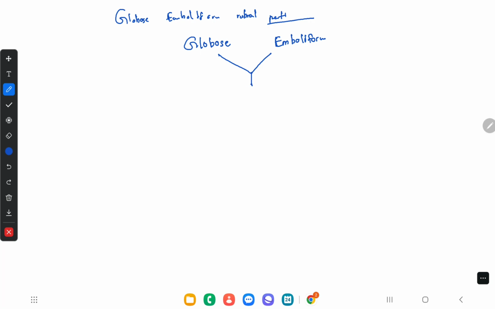Then they go through the superior cerebellar peduncle, then cross the midline to the opposite side in the decussation of the superior cerebellar peduncle.